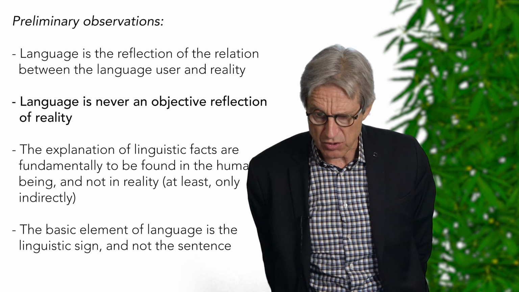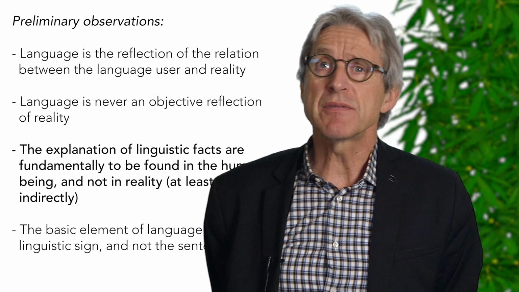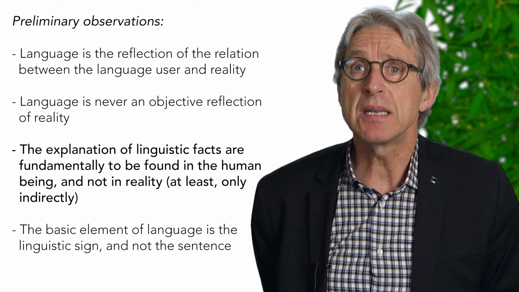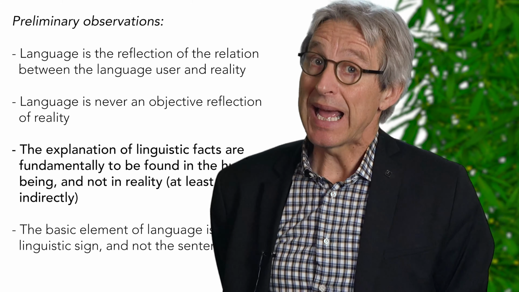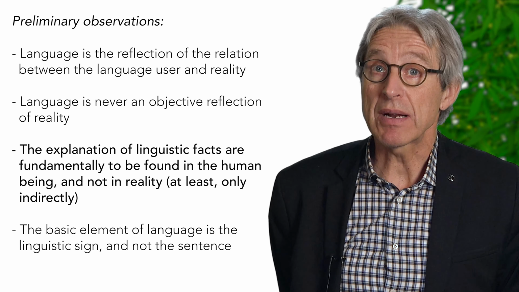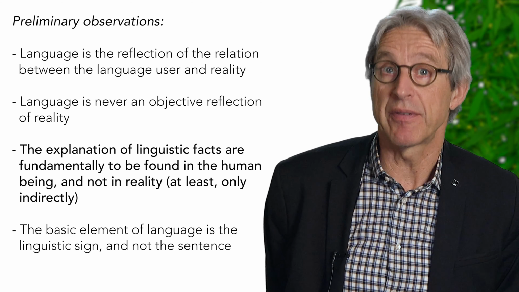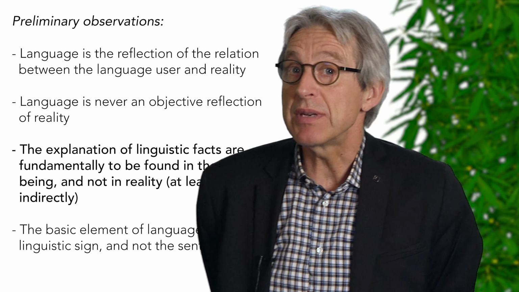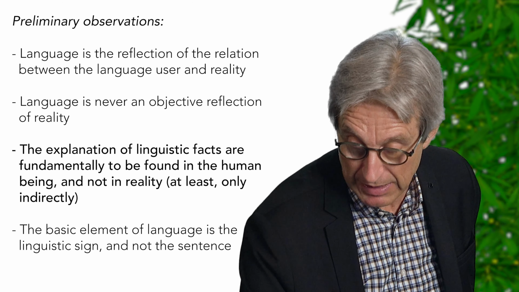So there's no one-to-one relationship between language and reality. Now, the explanation of linguistic facts is fundamentally to be found in the human being and not in reality, at least only indirectly. Of course, reality does influence the vision that human beings have on it, but the vision is created by the human being and not necessarily by reality.